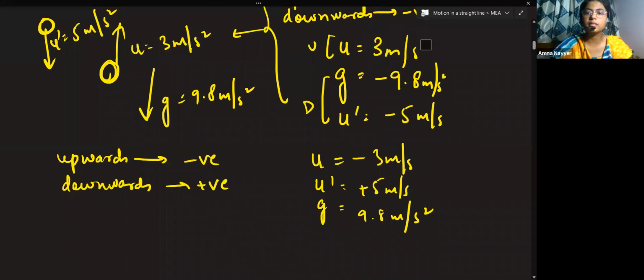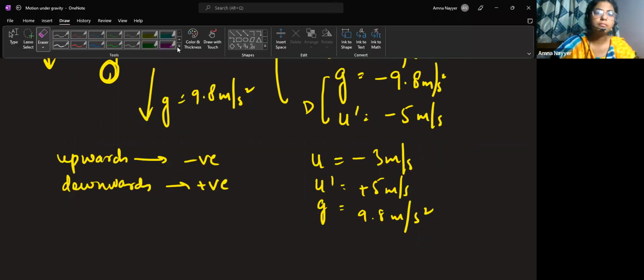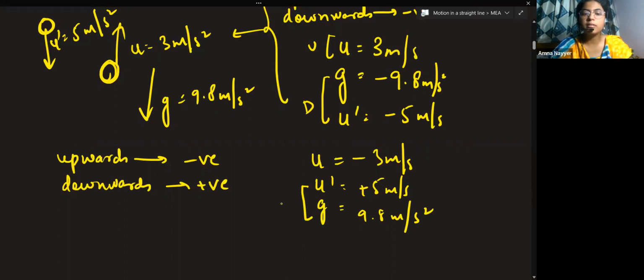These are velocities, so no square there. This shows that velocity u dash is moving downwards and the ball u is moving upwards.